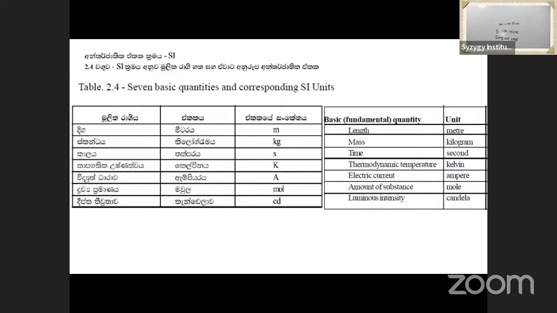There are a lot of IS in the world. Therefore, they haven't used IS, they changed the letters and introduced SI, international standard, right? Then we have length, mass, time, thermodynamic temperature, then electric current, amount of substance, and luminous intensity.